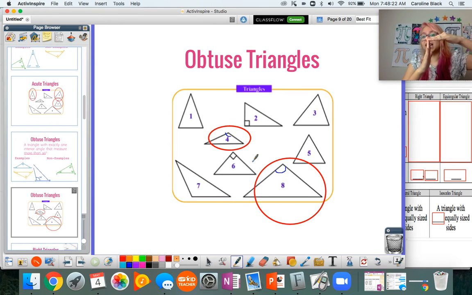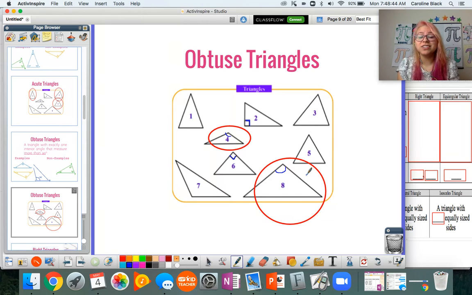It's wider than the L shape. Also, if it's 90 degrees, it either says 90 degrees or there's this little box right here. This means 90 degrees. So if it doesn't have that box or if it doesn't say, then we know it's not exactly 90 degrees. So 4 and 8, what other one is more than 90?